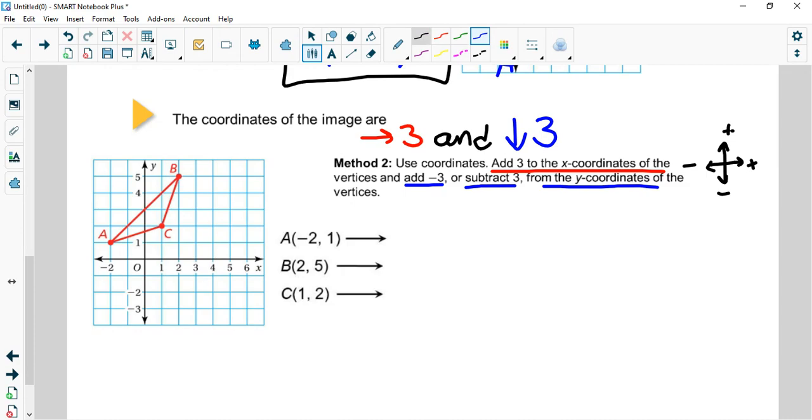So let's find them. We'll start with A prime. For A prime, I take the -2, but then I add 3, as it told me, add it to the x coordinate.